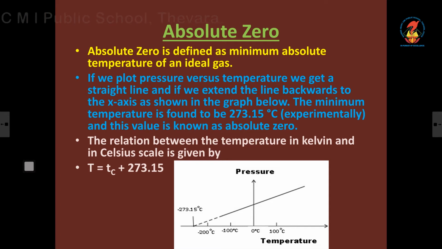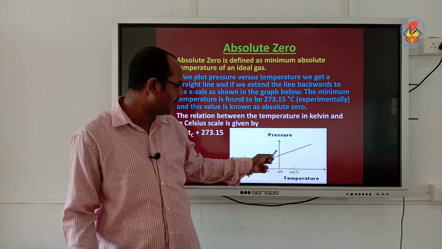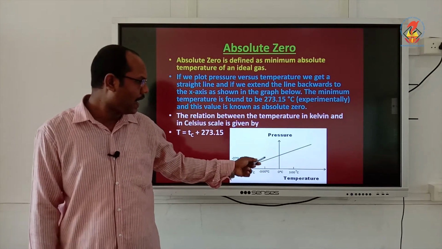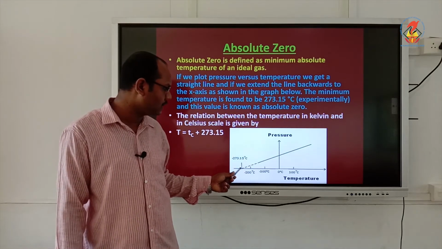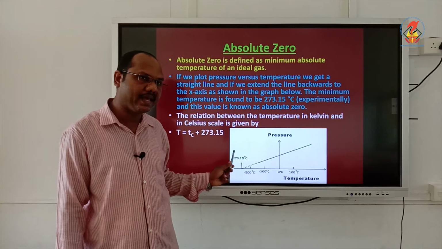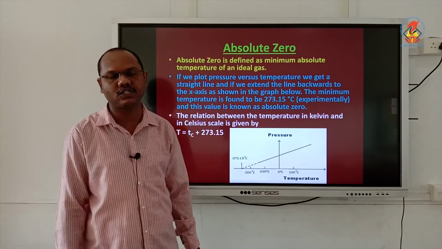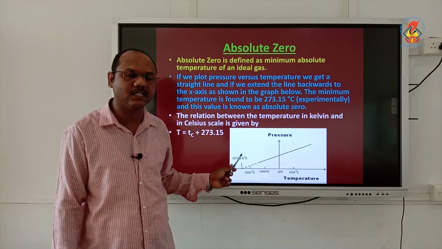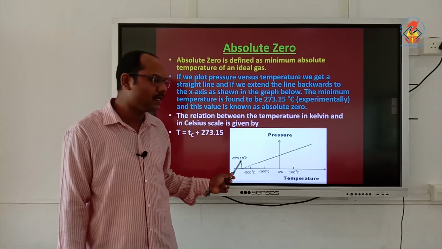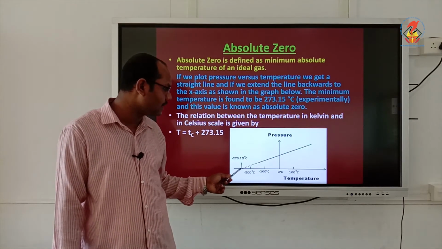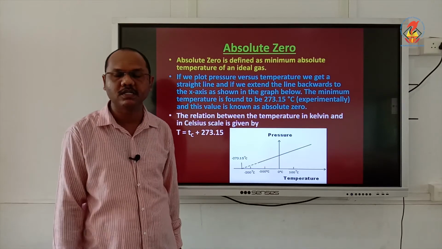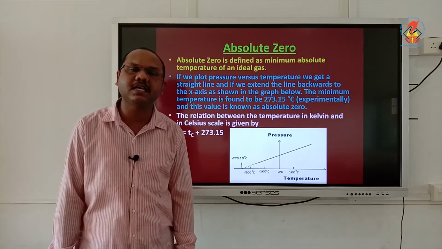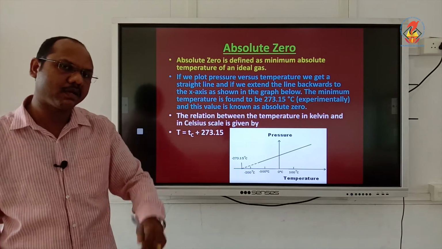At 0 degree the pressure is this much, and again I am reducing the temperature to the negative value, and you can see that at one particular temperature, negative 273.15 degrees Celsius, the pressure of the gas is becoming zero. The pressure is touching the 0 point. At that time, volume also becomes zero. This is why I am saying that this is the lowest attainable temperature.